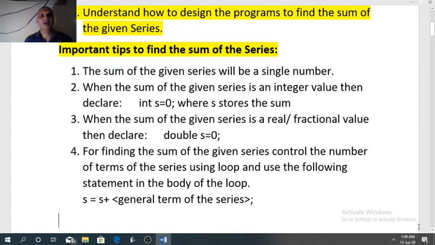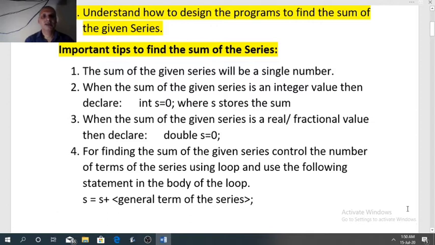Here we don't have to print all the elements of the series. We need to print only the sum of the given series. It means we have to add all the terms of the series, and after adding all the numbers, the answer will be only a single number. So we need to print only one value, that is the sum of all the elements.